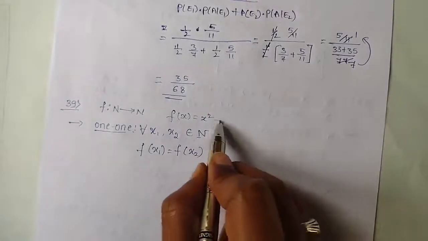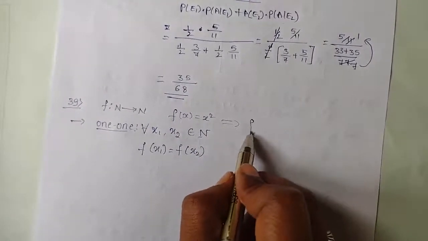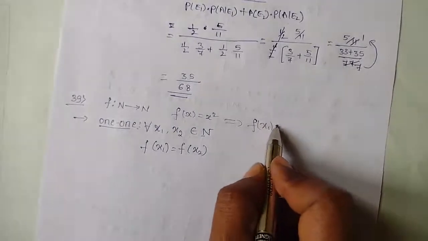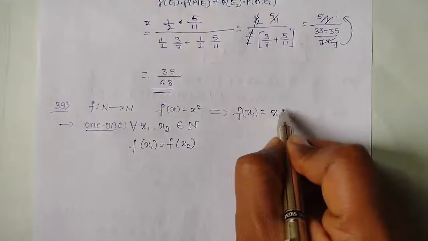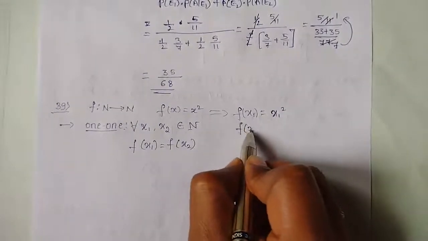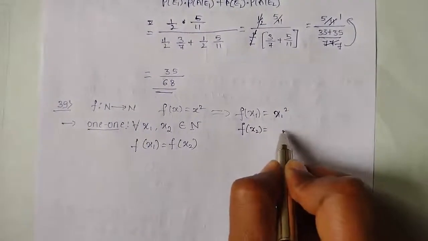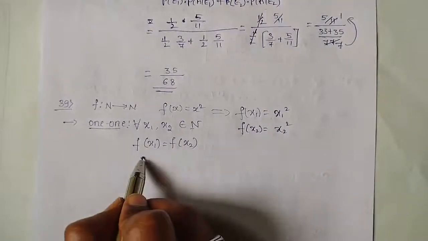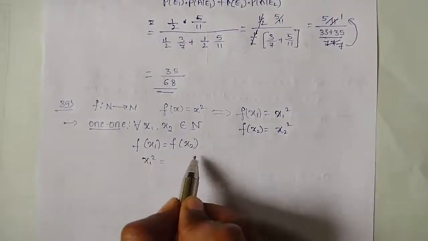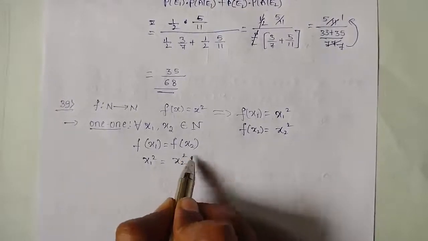Here f of x is x square, so f of x1 means x1 square, and f of x2 means x2 square.